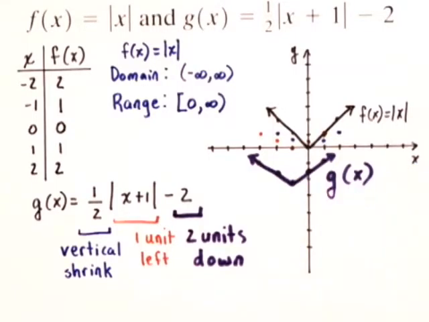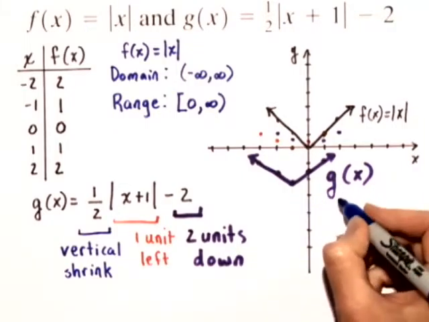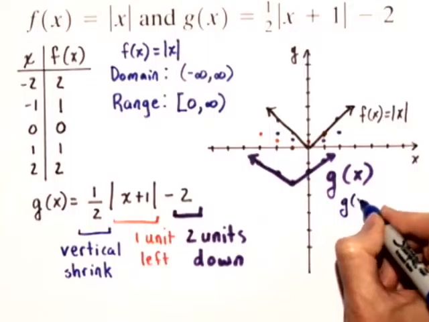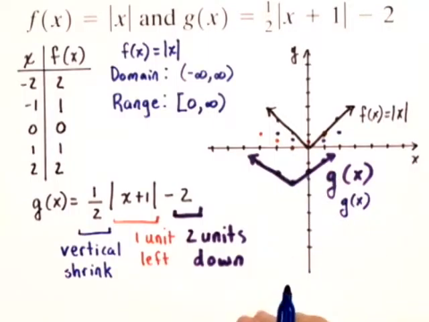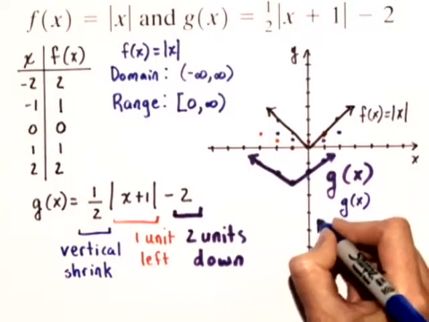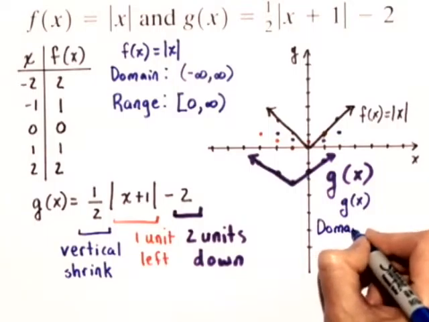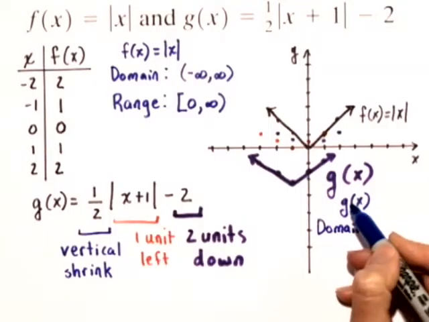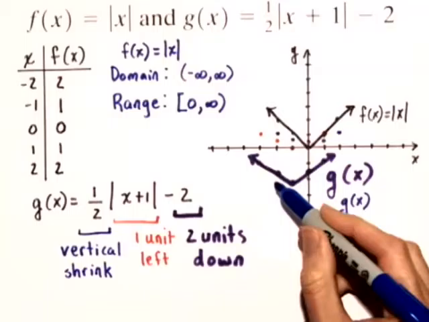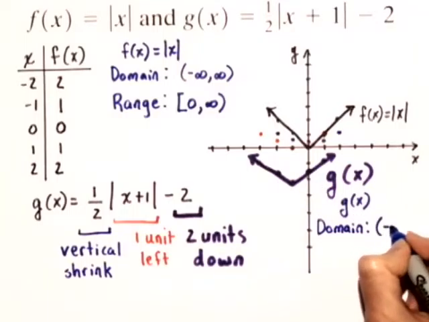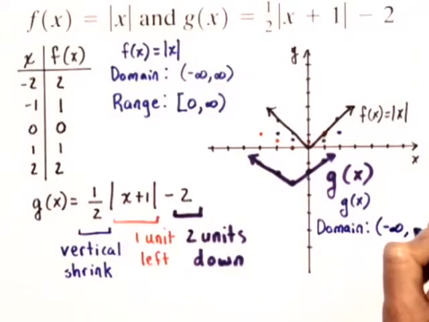Now let's also take a look at the domain and the range of our new function g of x. So for g of x, here in purple on the graph, I have a domain. Again, I can let x equal any real number that I like. So from negative to positive infinity.